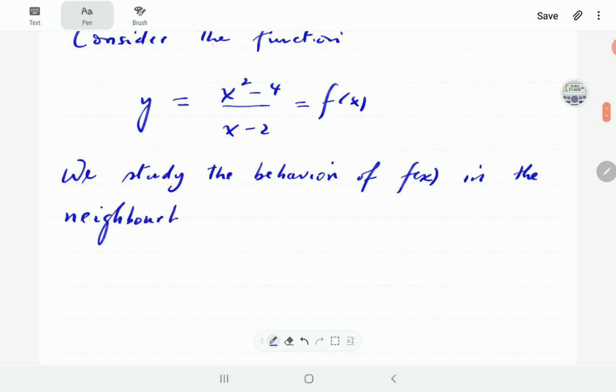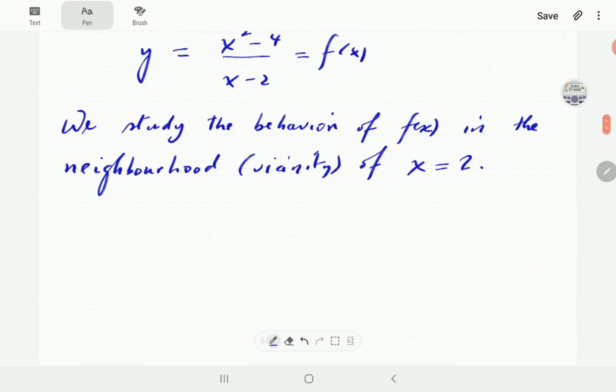Neighborhood is the same as vicinity. So we're interested in the behavior of this function around x equals 2.